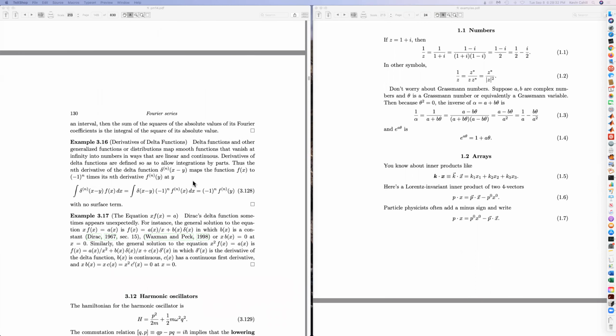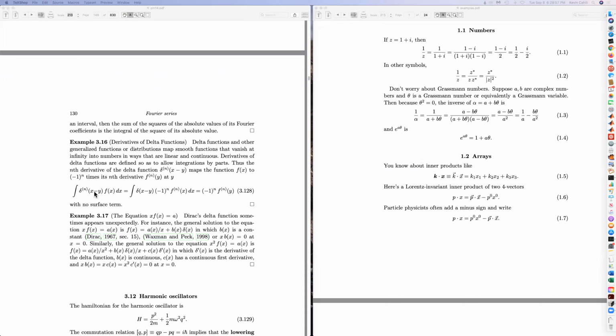Derivatives of delta functions. Well, derivatives of delta functions are defined in such a way that as long as the function f of x is sufficiently smooth, then these equations occur just automatically. By the definition of the derivatives of delta functions, integration by parts is automatic.